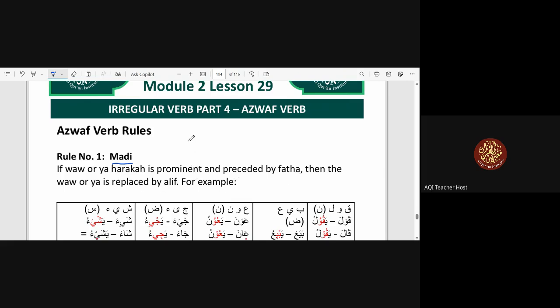So if waw or ya is prominent and preceded by fatha, it is replaced by alif. Okay, so this is the rule.